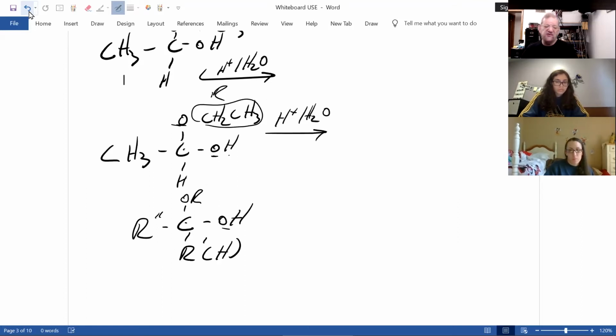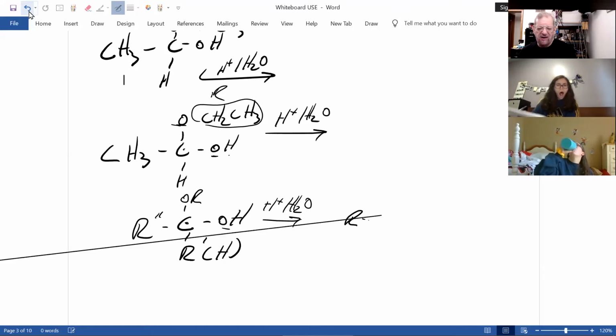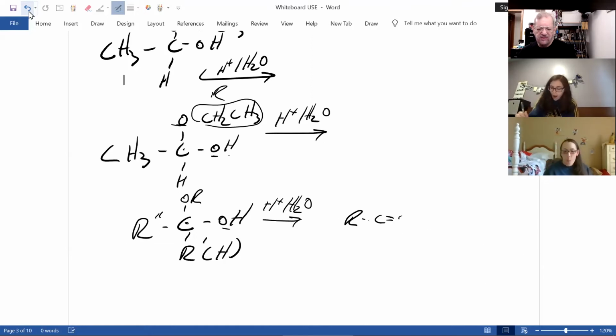So what is this? In this case, this would be a hemiacetal. I'm not ever going to ask you to learn the names for these four reactions. What happens? Keep your eye on the carbon with the two oxygens. That becomes either a ketone or aldehyde you would have used to make this compound.